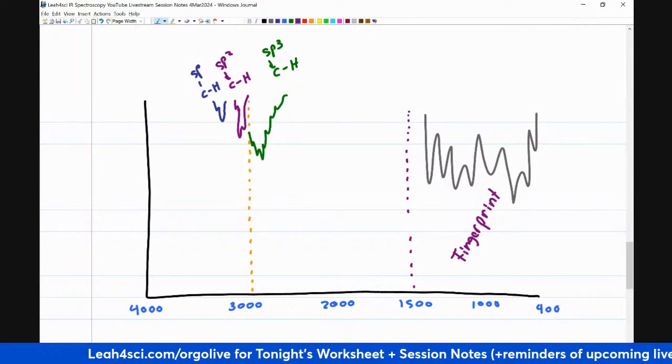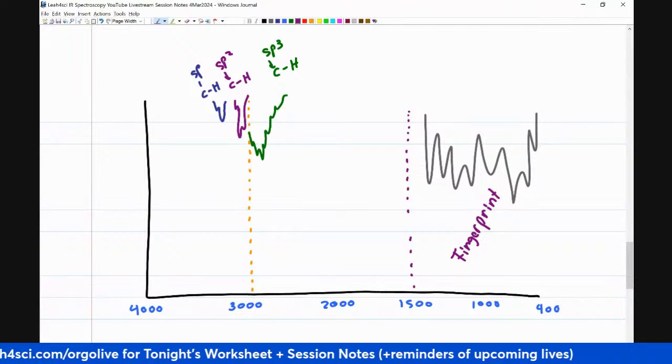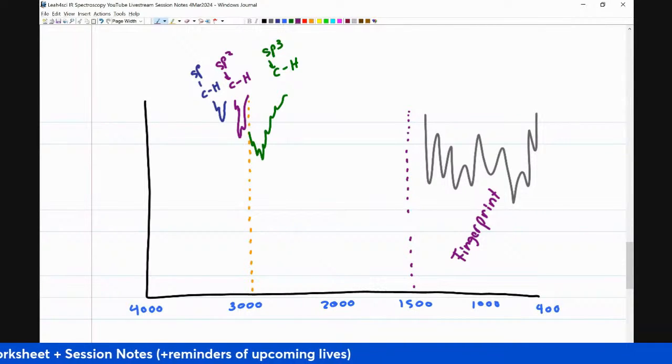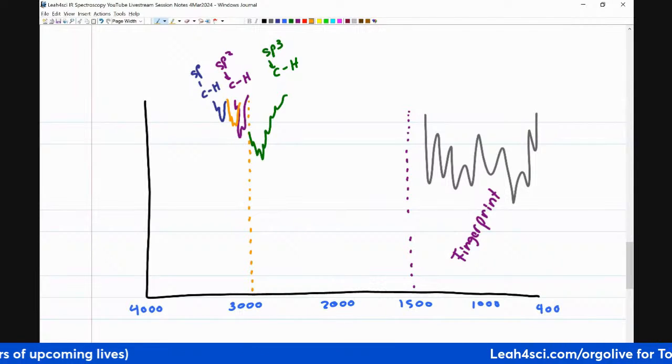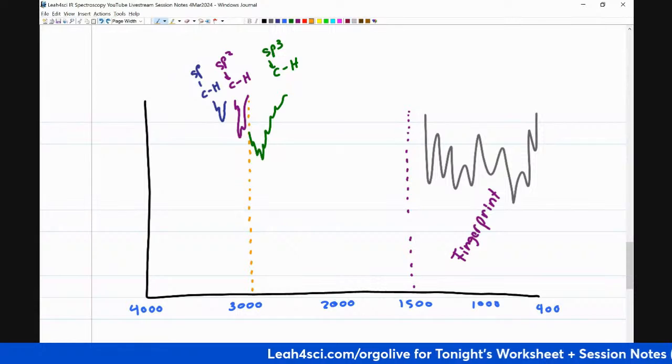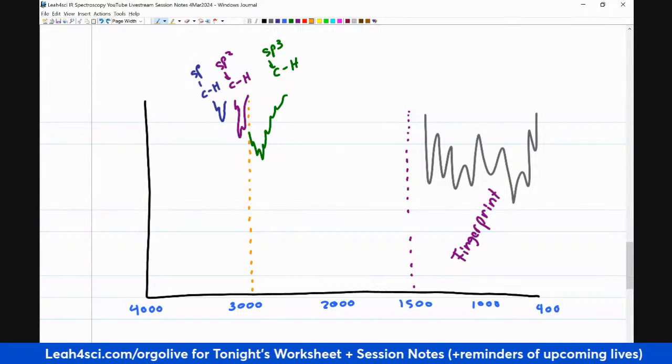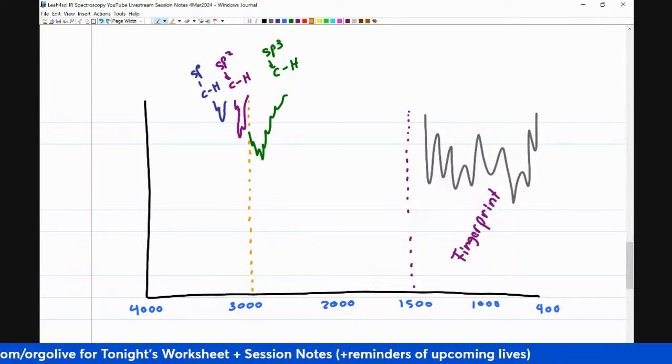When you're looking at these carbons, once you identify what you have or what you think you have, because sometimes you can't tell. What if the peak is right there? Is it an sp3? Is it an sp2? Is it an sp? You want to look elsewhere on the molecule to see if there's something else that helps back it up.